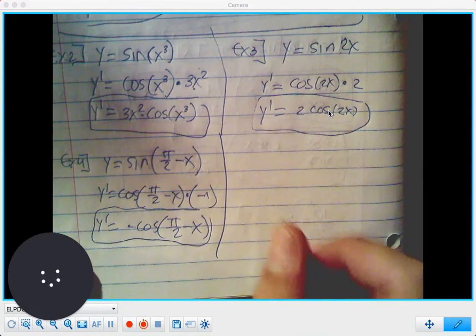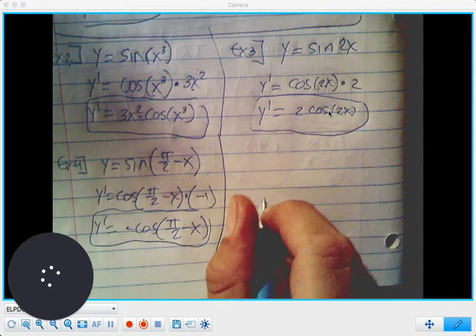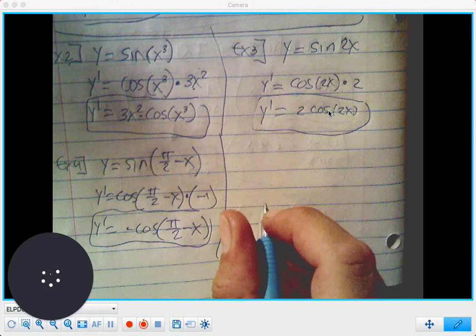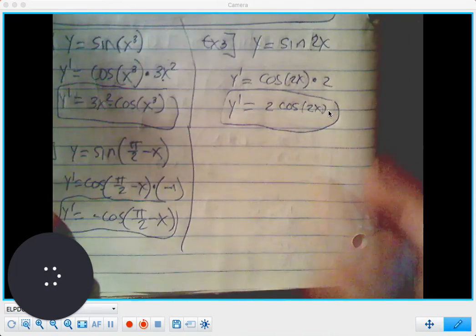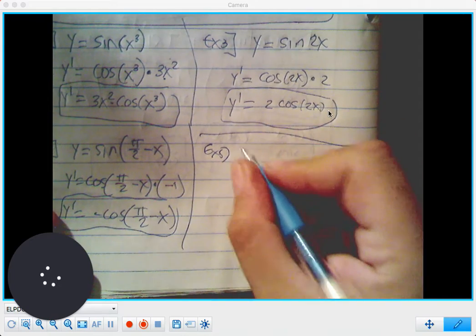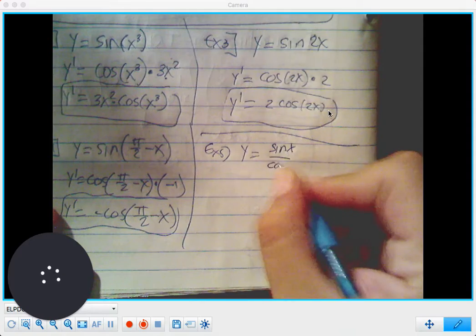Okay, let's see what I have. What else? Okay, so here's an example. Example 5: find the derivative of sine x over cosine x.